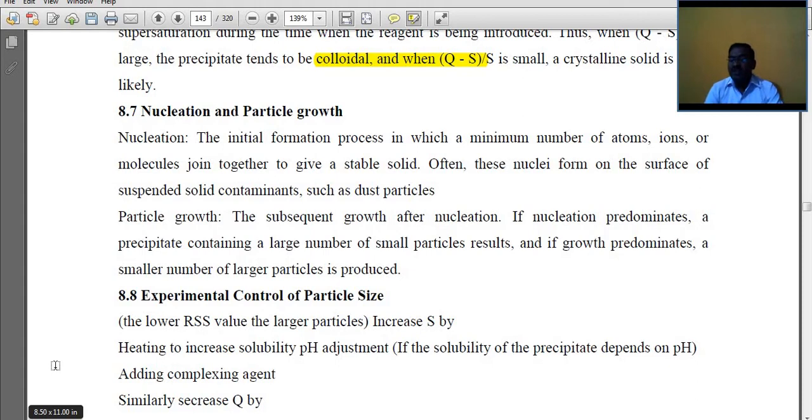Often these nuclei form on the surface of suspended solid contaminants such as dust particles. Particle growth means the subsequent growth after nucleation. If nucleation predominates, a precipitate containing a large number of small particles results, and if growth predominates, a smaller number of larger particles is produced.